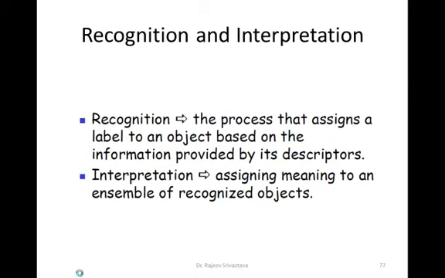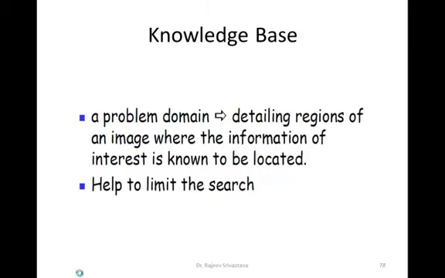Recognition is the process that assigns a label to an object based on the information provided by its descriptors. Interpretation means assigning meaning to an ensemble of recognized objects. Knowledge base: a problem domain detailing regions of an image where the information of interest is known to be located. It helps to limit the search.